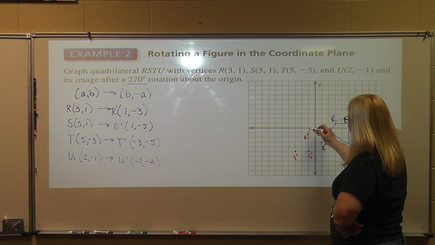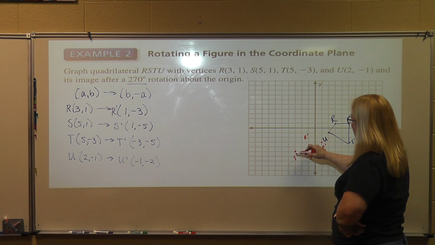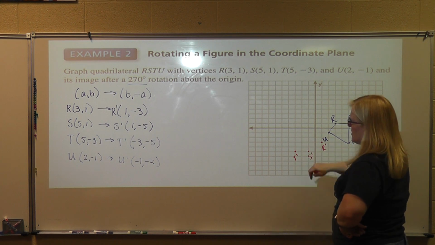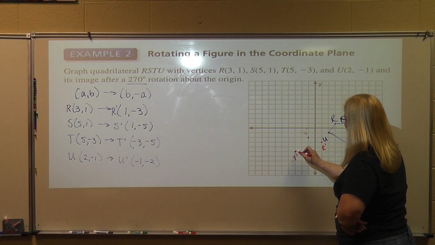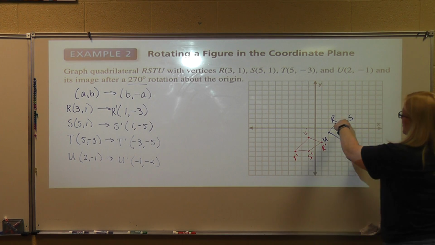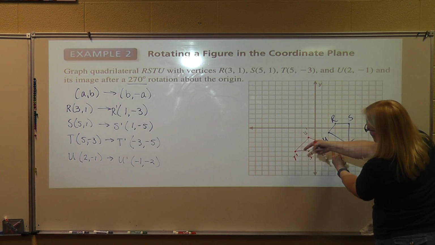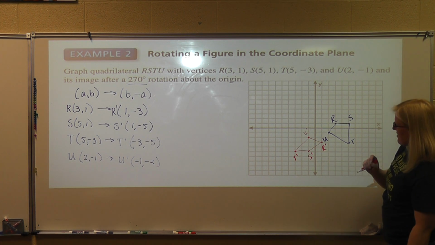S is 1, negative 5. T is negative 3, negative 5. And U is negative 1, negative 2. Good. So if we took this and flipped it around and rotated it around, it would look like this. And I feel like I have made a mistake.